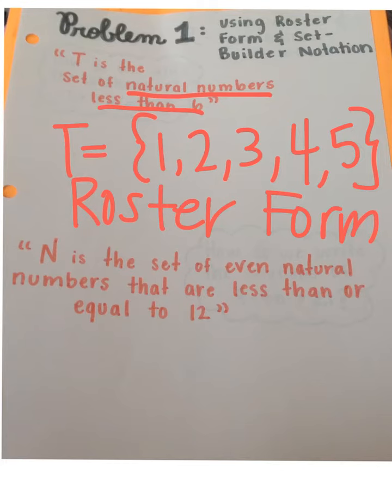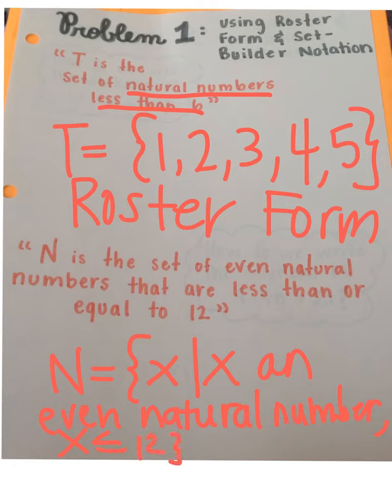So again, I'm going to start with N, okay, and I'm going to say N equals, and we're going to put in our little brace, X, an even natural number, comma, X is less than or equal to 12.